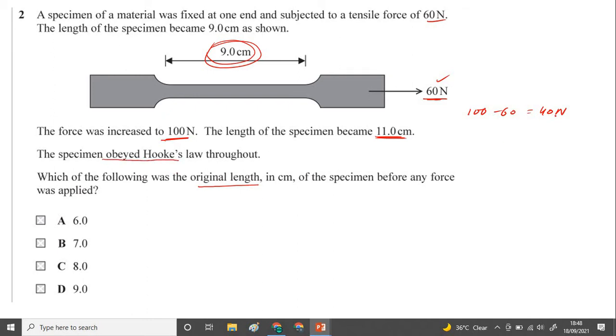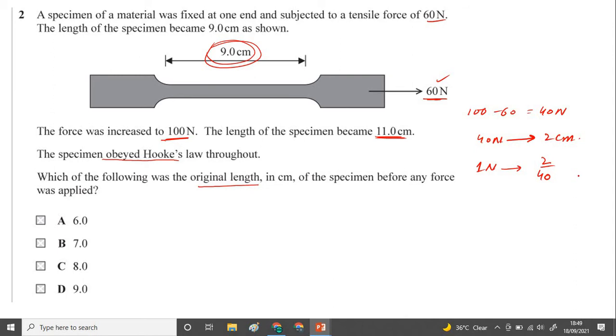So for 40 Newton we have 2 centimeter extension. So what about 1 Newton? 1 Newton causes 2 upon 40 centimeter of extension.